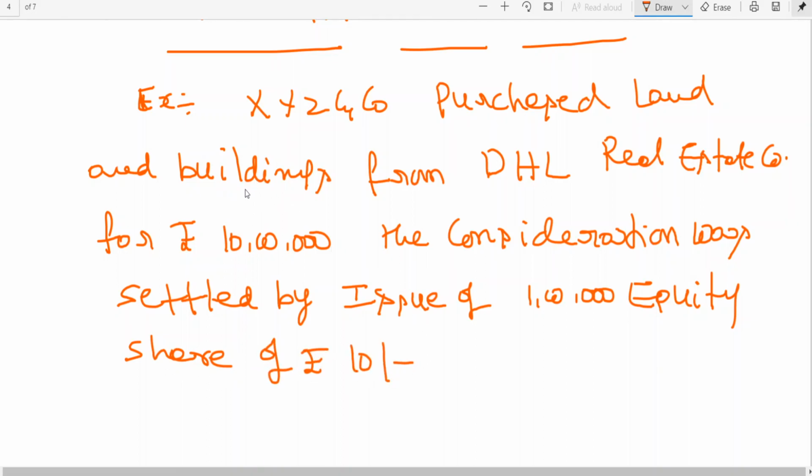It means they have purchased building from DLF Real Estate Company for 10 lakhs. The consideration was settled by issue of 1 lakh equity shares of rupees 10 each.